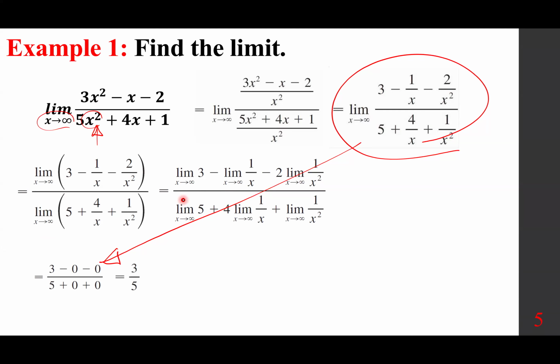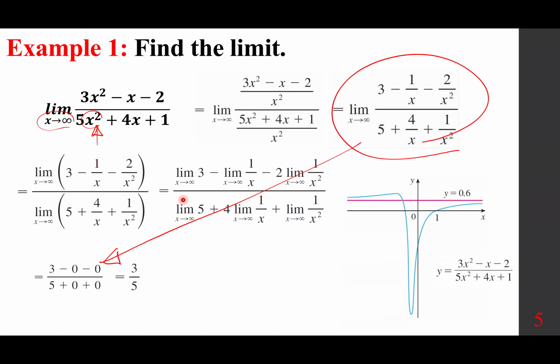And if you look at the graph, the graph also indicates the horizontal asymptote y equals 0.6 or 3 over 5. By the way, 0.6 and 3 over 5 are identical, right?